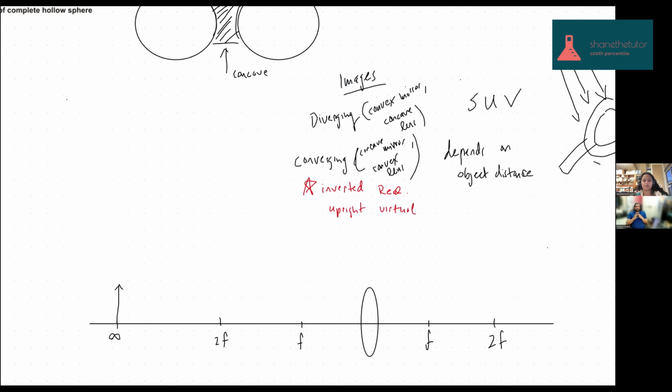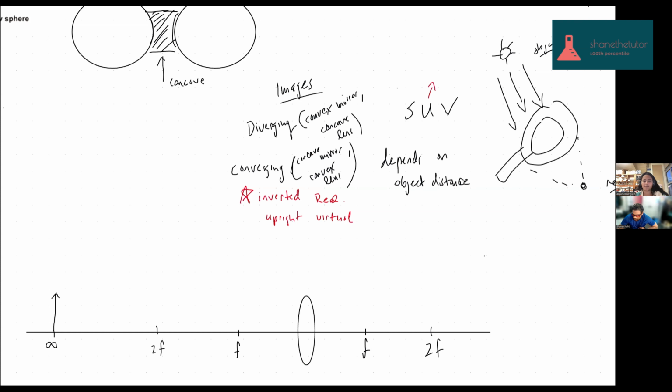Typically you will see real images inverted and virtual images upright. Now, there's one exception here, and it has to do with this. I know I said small, upright, virtual, but it would be more accurate for me to say, think of upright as a verb.